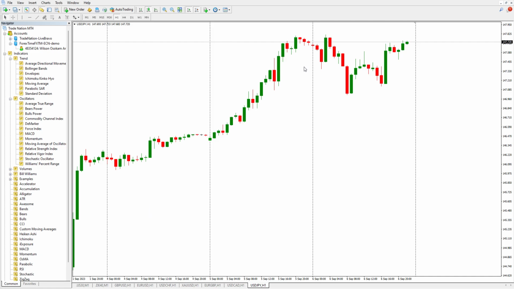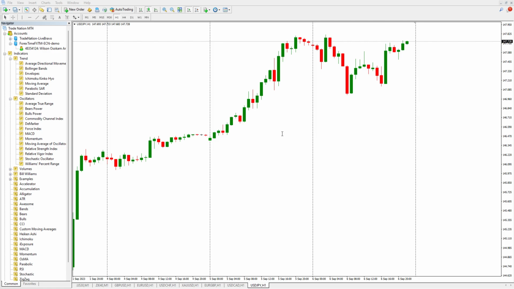This time around I'm going to be using a bigger lot size, 5 lot size, and sell stop as the pending order. Now if you make a mistake, let's say I input those figures and change it to buy stop, the market will not be executed. So it's important you are very correct in whatever you're doing. My entry is 147.638. You can take down the parameters and try to input it as well. I would love to see your screenshots.